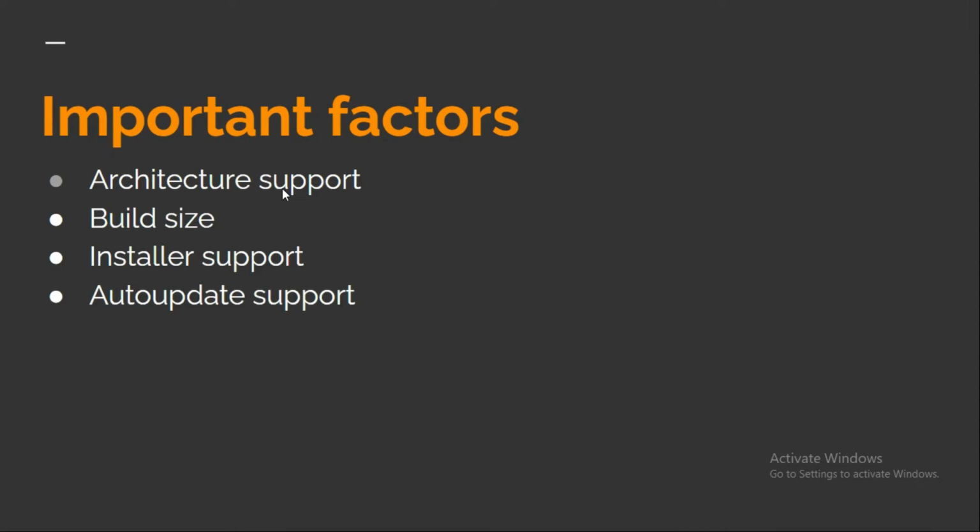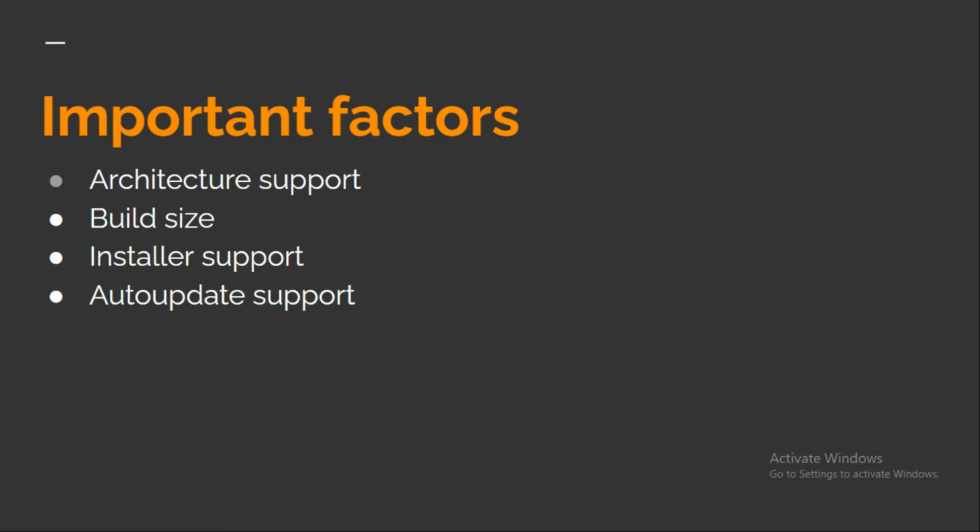So our application size has to be as small as it can be, but the problem with Electron is it cannot be lesser than 80 MB or 60 MB because 40 MB is occupied by Chromium, and we all know this is a disadvantage of Electron. But certainly we can follow some best practices and reduce our application size. So application build size is another factor that I consider before I choose a packager.